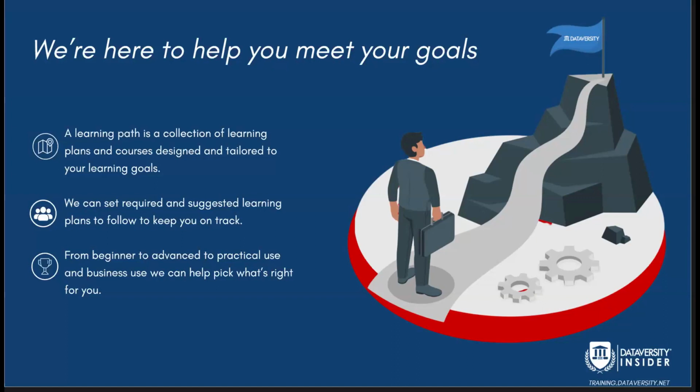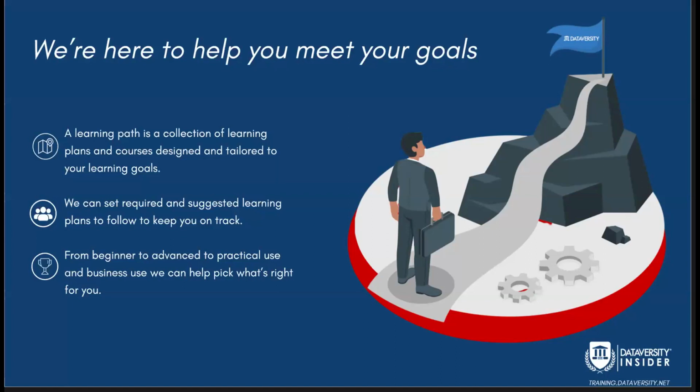So a learning path is a collection of learning plans to create a cohesive and comprehensive structure to your training. Typically, it's persona or skill-based or experience level based, but there might be some nuance to that, as I just mentioned. Learning paths can be customized.